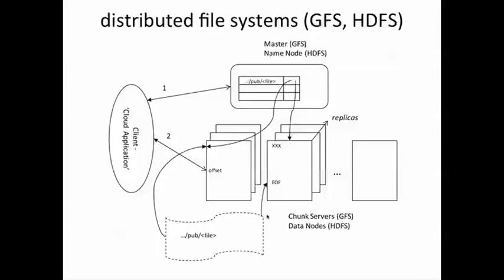Data about what parts of a file are on which chunk server is kept in a master node, which is called the master in GFS, and it's called the name node in HDFS. And the client reads the metadata from this master node.